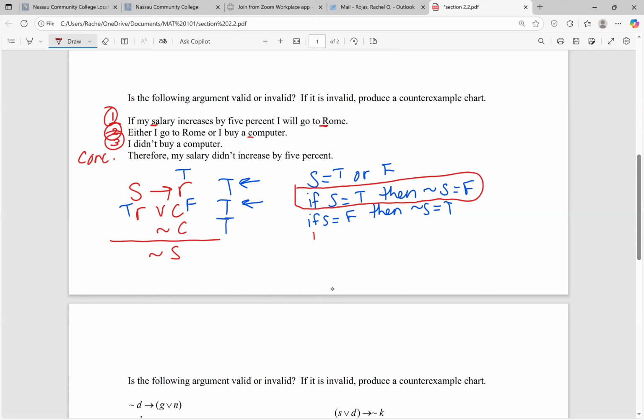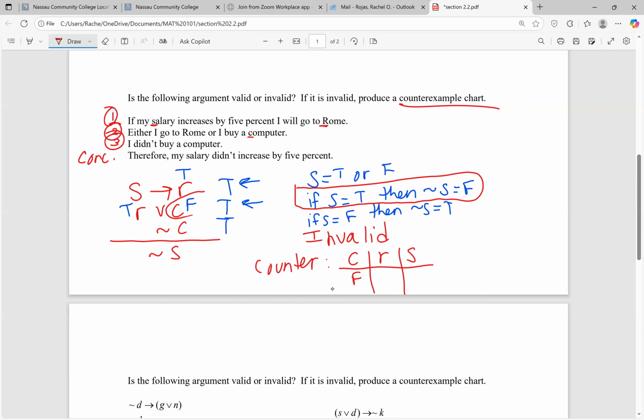So this argument is invalid, and we want to produce a counterexample chart. We have these three variables: C, R, and S. What would their truth values be that lead to a false conclusion when our premises are true? C is false, as we already determined going back up here.